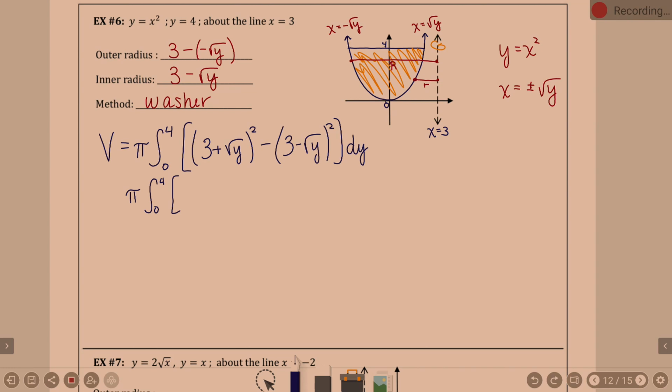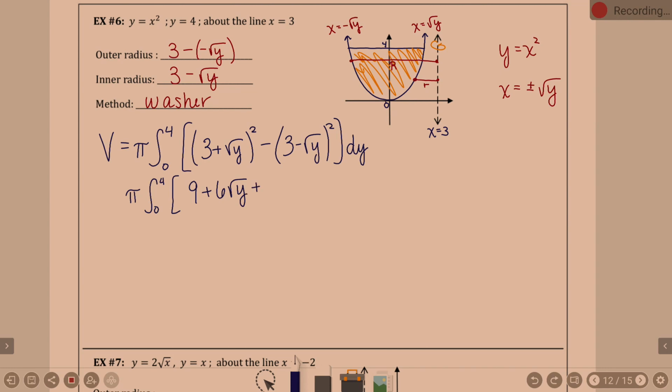FOIL. 3 times 3 is 9. 3 times square root of y, another 3 square root of y is going to make it 6 square root of y. And then square root of y times square root of y? Plus y.